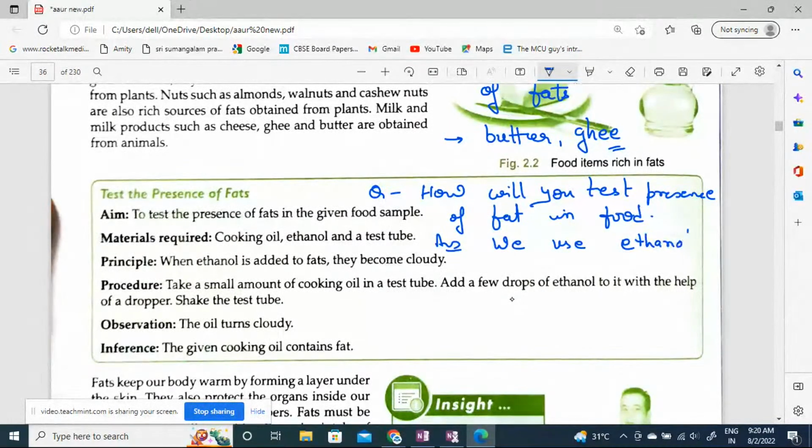Do you know the formula for ethanol? That is C2H5OH. Okay, we use ethanol to test the presence of fats.